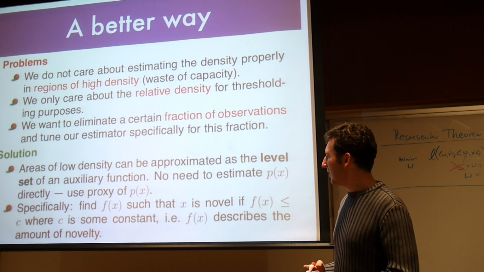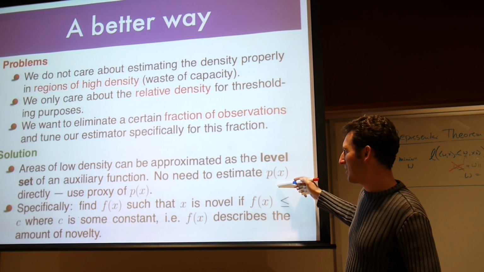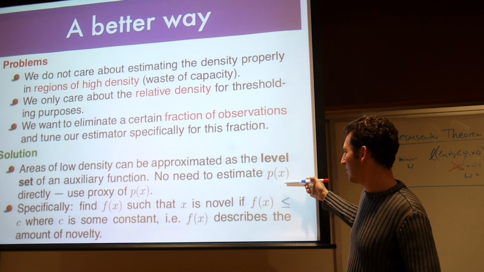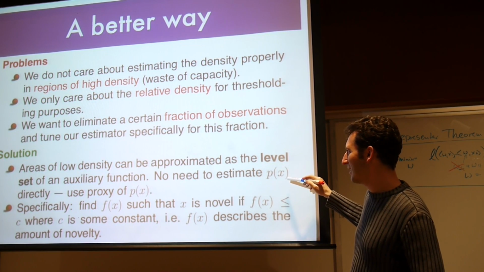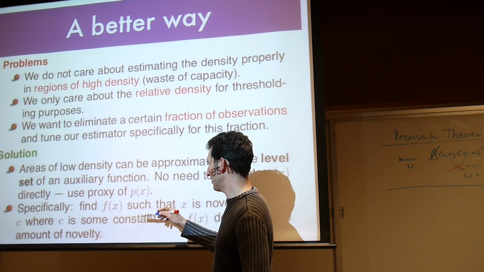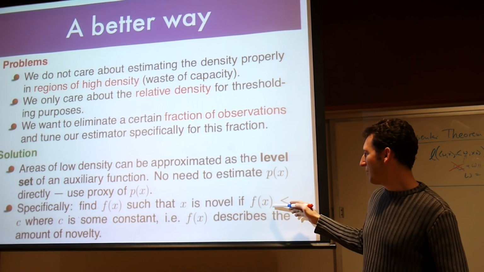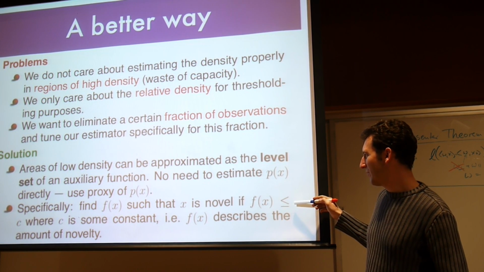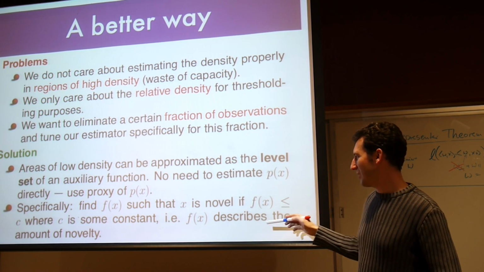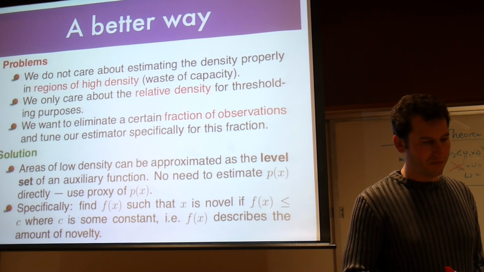So the key insight is that actually the area of low density I can approximate as the label set of some auxiliary function. So I don't really need to estimate P of x. I just need some proxy for this thing. So I just need some function f such that it's normal if f of x is below a threshold, and well, this f of x then describes the degree of novelty or unusualness.